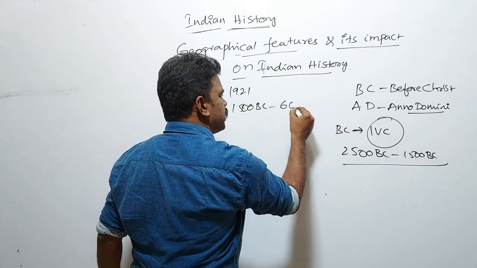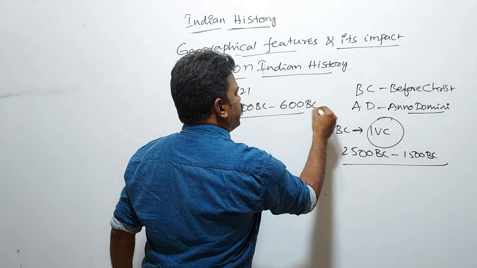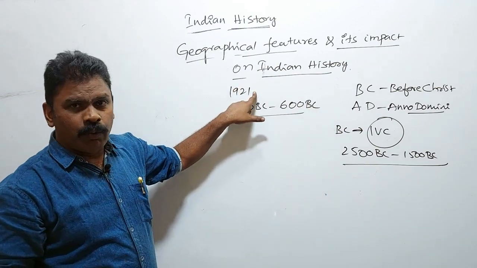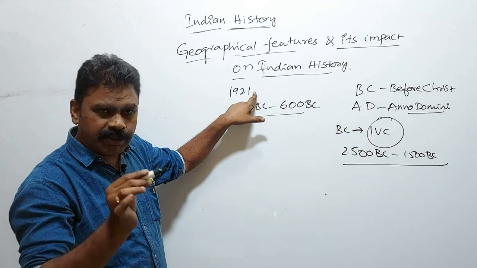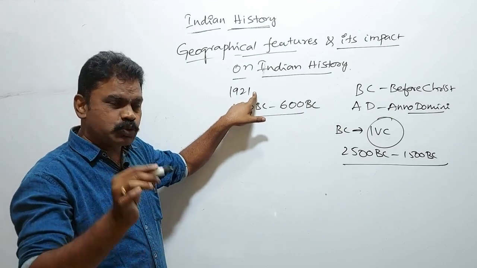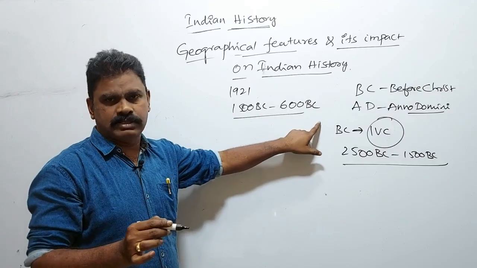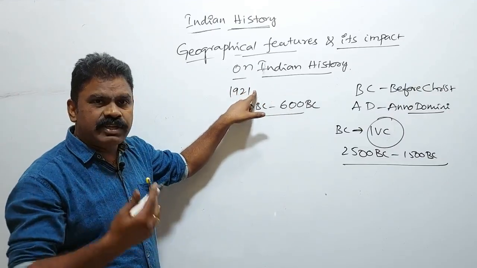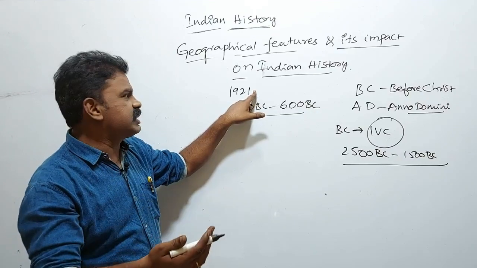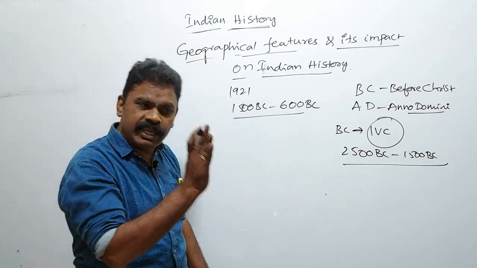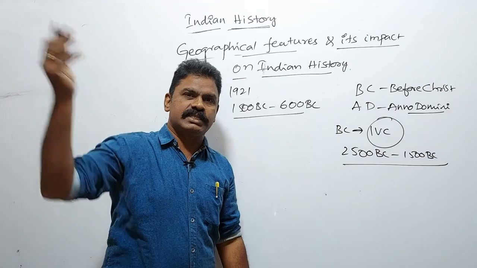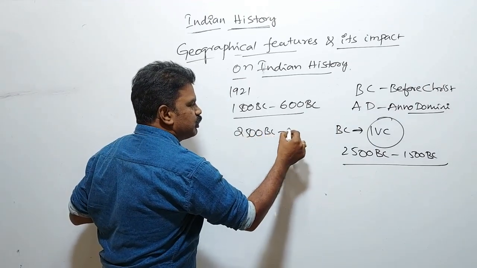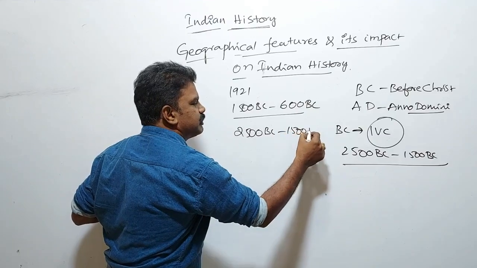1500 BC to 600 BC was the Vedic age. Before 1921, the history books written by different historians used to start from the Vedic age. When in 1921, through excavations, we discovered the Indus Valley civilization, our Indian history was pushed back 1000 years, to 2500 BC to 1500 BC.